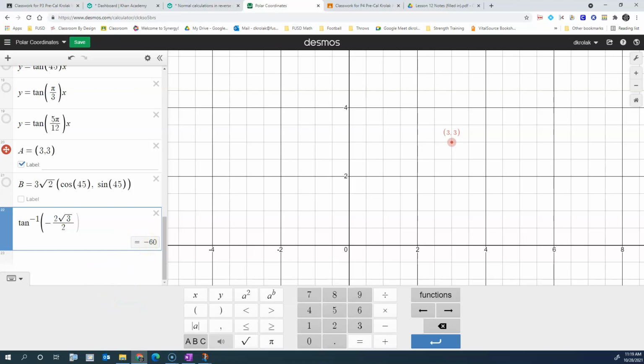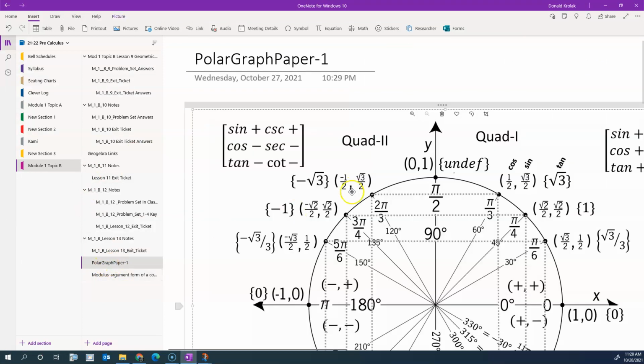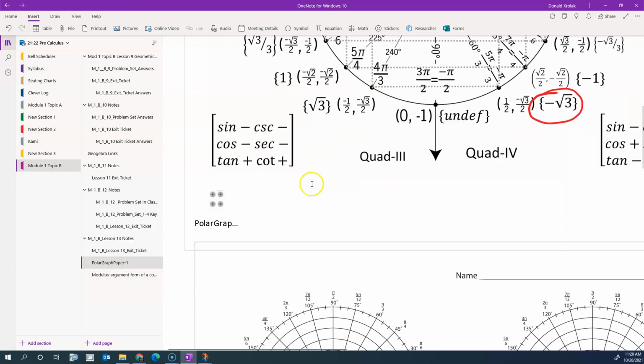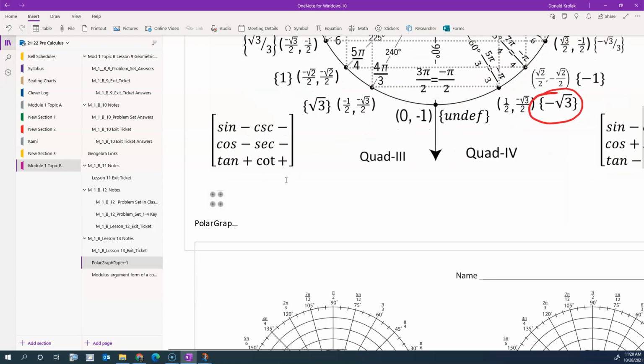Or if we use Norvin's method, check this out. You see the tangent right there? Oh, you can't see it. Hold on. I just circled it.